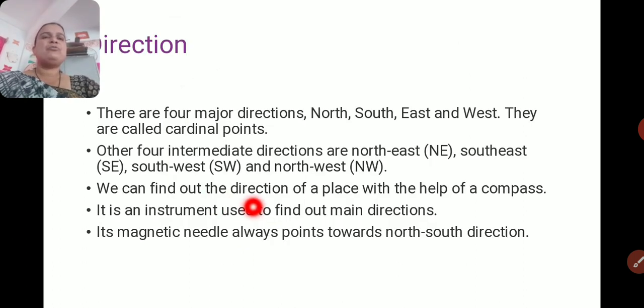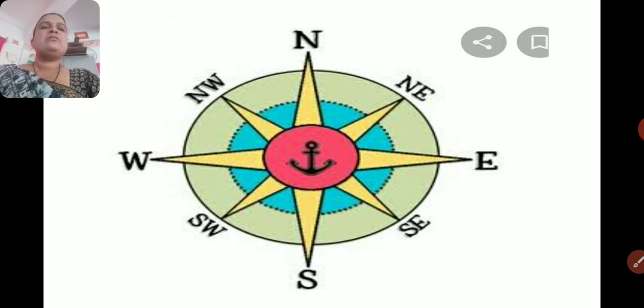We can find out the direction of a place with the help of a compass. A compass, like here, is an instrument used to find out main directions. Its magnetic needle always points towards the north-south direction. Here this is like a compass, and in the compass the magnetic needle points towards the north direction.